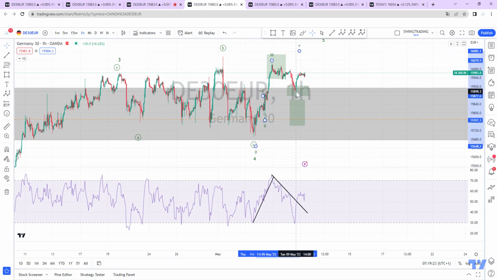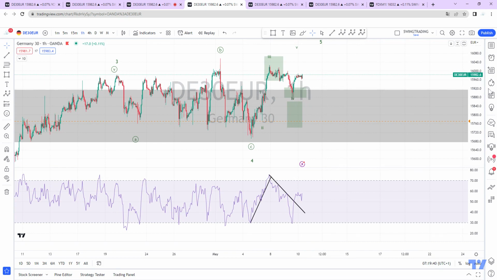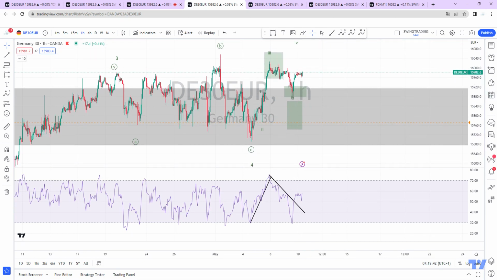I think the main question is: is this wave 4 in or not? The wave 4 does not have to be finished. It can still go deeper. So my plan today is, if we go deeper, I will buy.